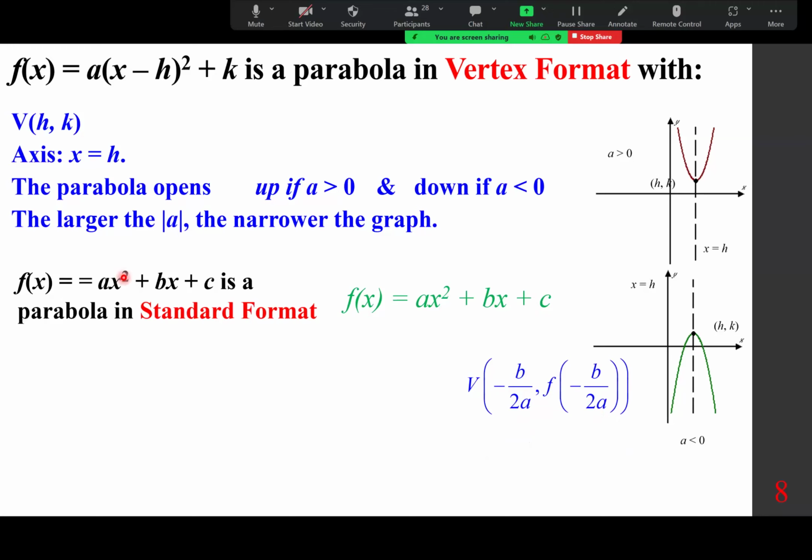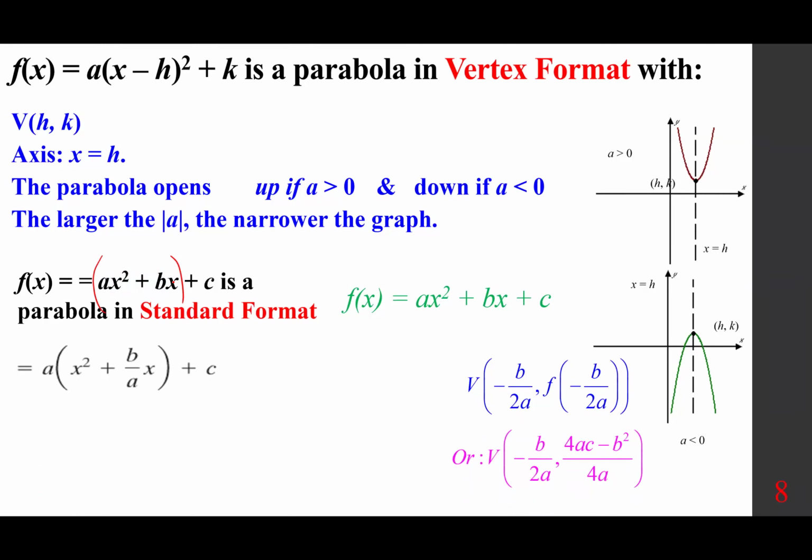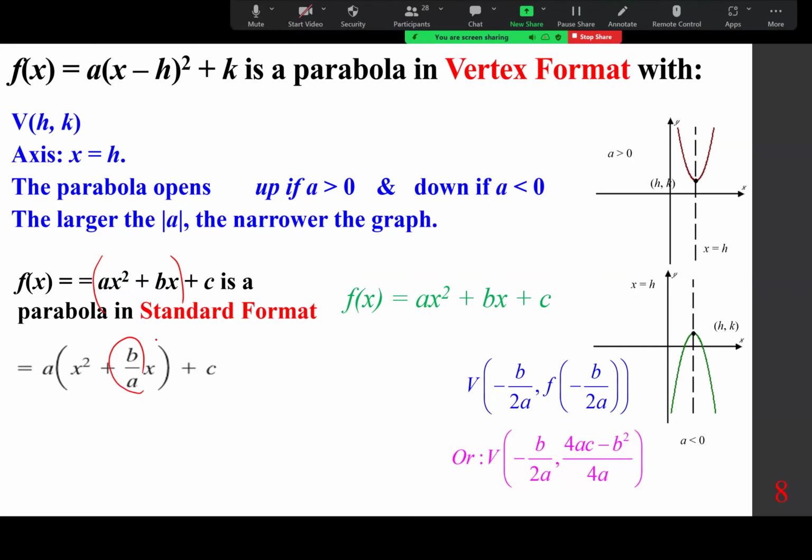If we put these two together, and factor out the a, to complete the square, we need to divide this one by 2.